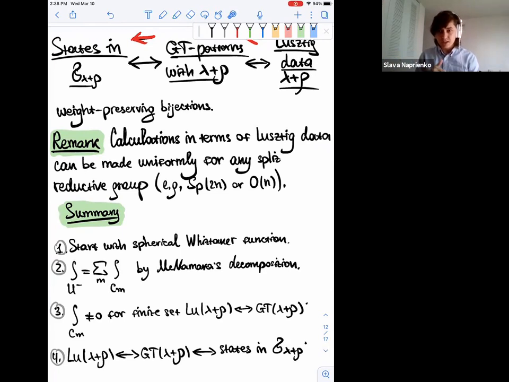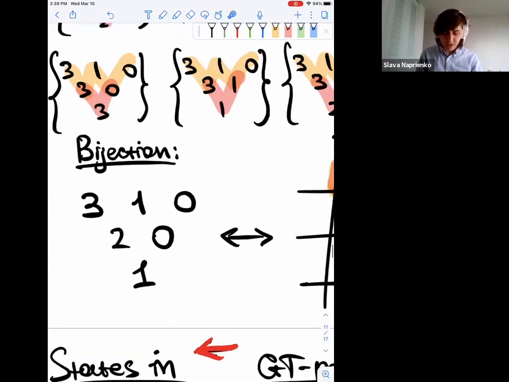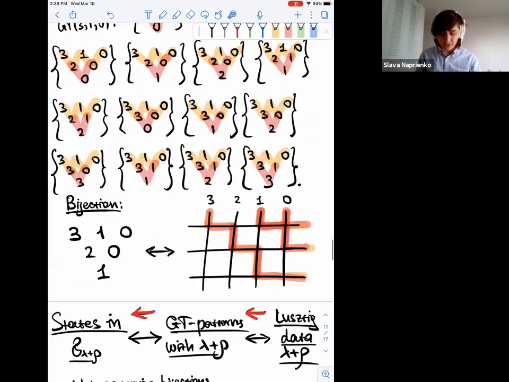But now my Gelfand-Tsetlin patterns are in bijection with states, and I have this streamline argument. So this is kind of how it works. In practice, you would get to the Spartans. You know that intertwining operators for the Spartans are going to give you some changes of values. So you are a tiny step from the model.